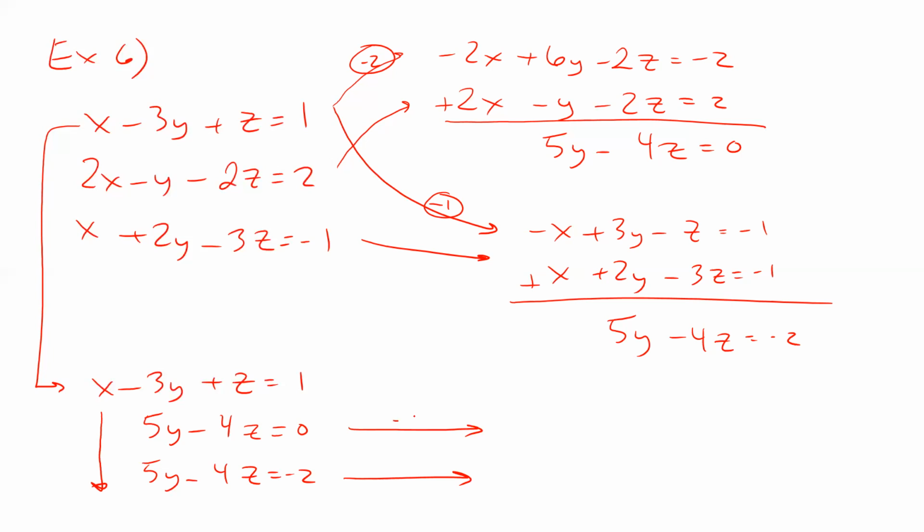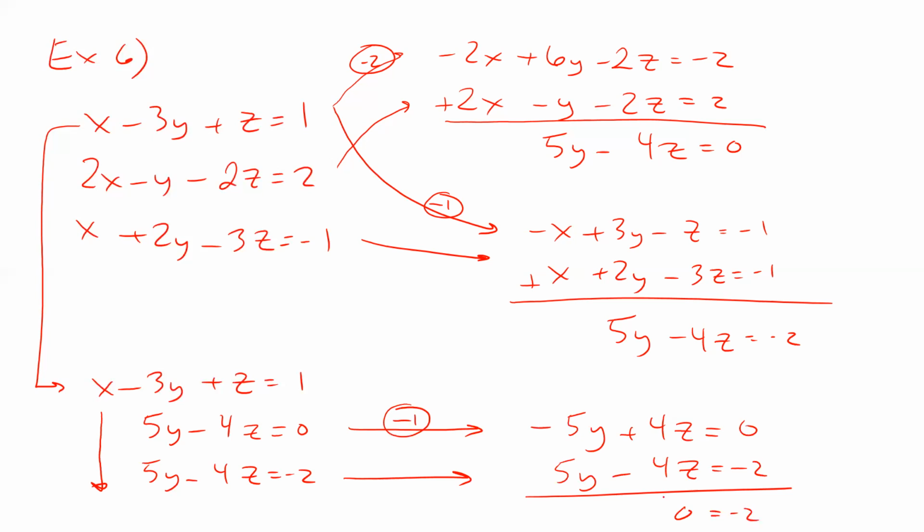Now I'm going to use these two, so I'm going to multiply the top by -1. I did not get a happy answer for that. 0 equals -2. Whenever you get to the point that you have a false answer, it is not true, we can stop there.